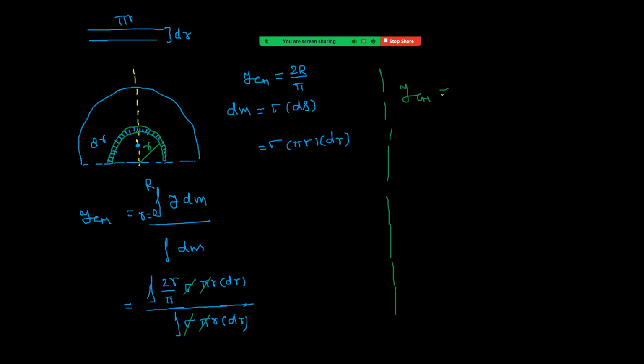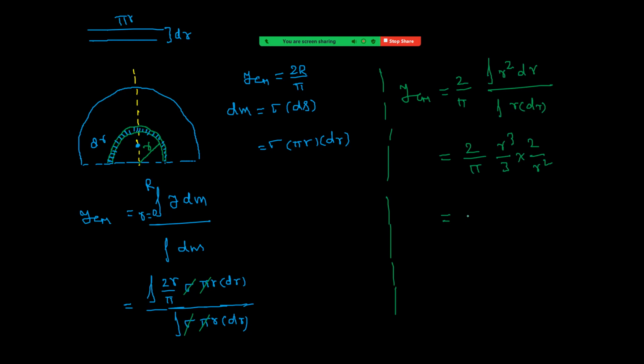Okay. Now take the calculation part. YCM is equal to, what else is left? I can take 2 by pi outside. Remaining is r square. I am taking 2 by pi outside. Remaining is now the integration of r square dr, upon the integration of r dr. So 2 upon pi, it becomes r cube by 3, and this is r square by 2.